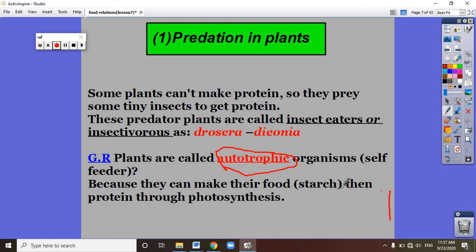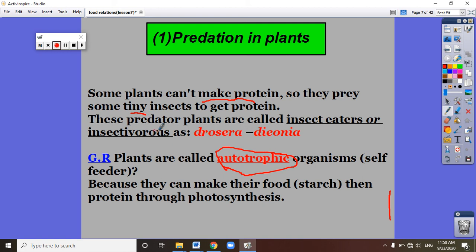Some plants cannot make protein, so they prey on tiny insects to get the protein, because the soil doesn't contain the nutrients the plants need to make it.